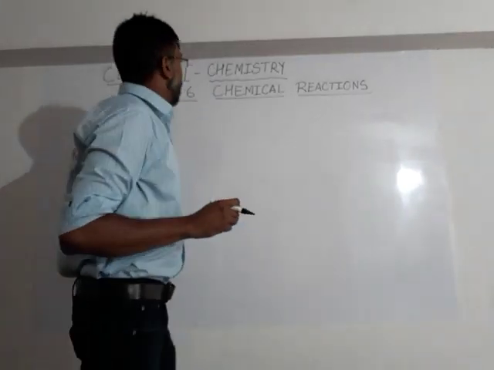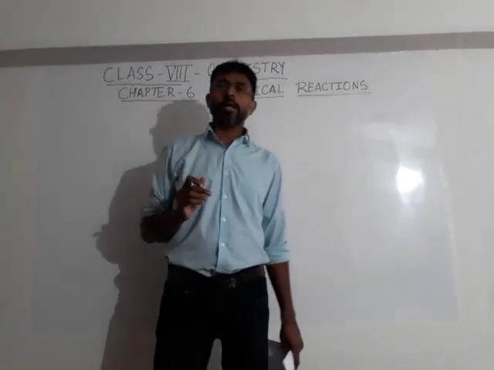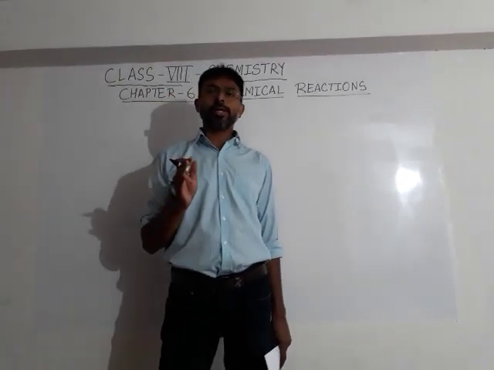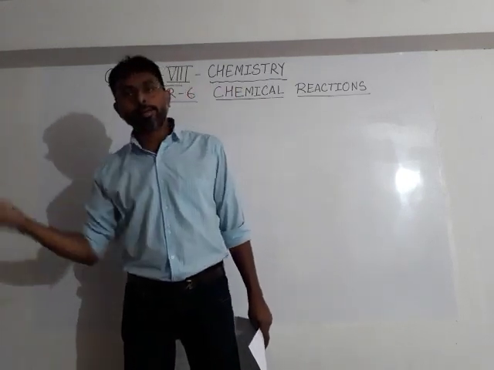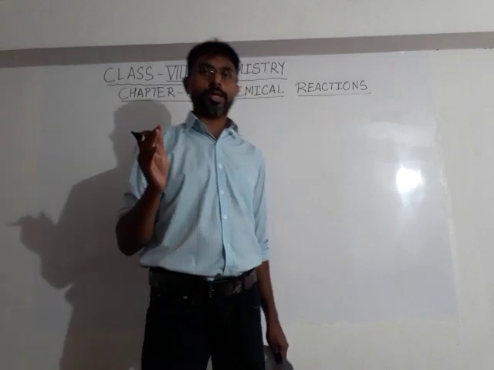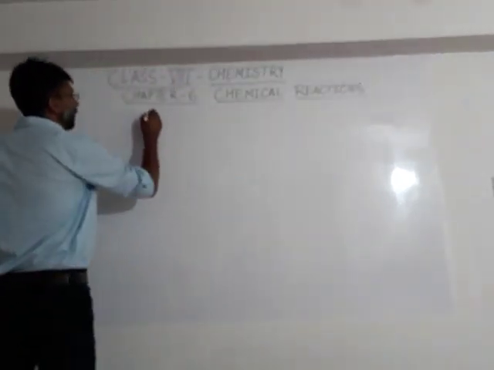Now, what is a chemical reaction? A chemical reaction is something in which there is a reactant or reactants and new substances are formed which are called products. Let me give you a very simple example.